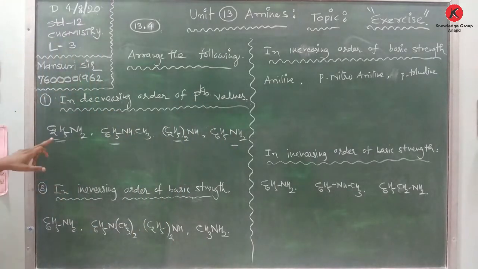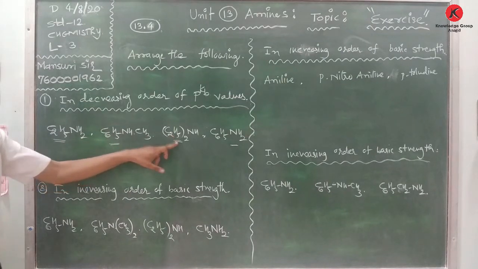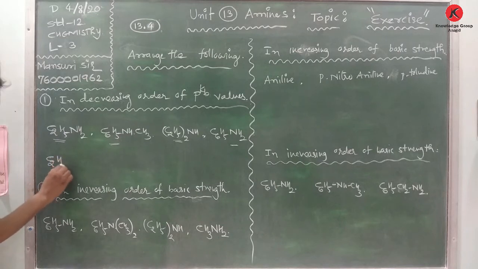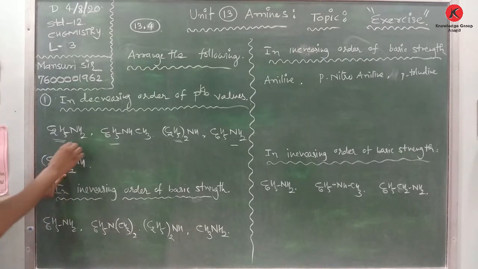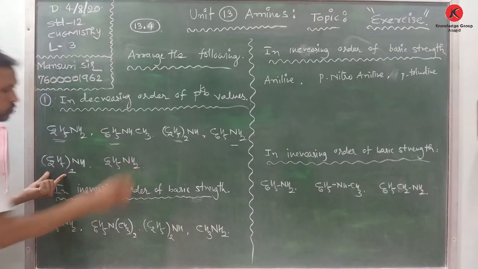So here alkylamine, here dialkylamine. So dialkylamine will be more basic than primary alkylamine. Okay, so we can put over here (C2H5)2NH, which is more basic than C2H5NH2.